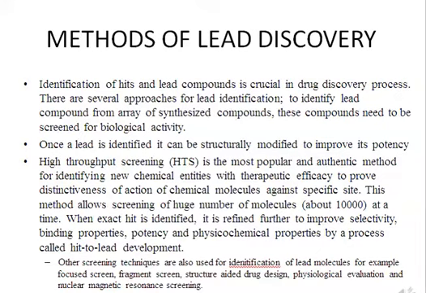And among those hit compounds, you improve the structure, you change the structure of these hit compounds until you get a compound with maximum positive activity, or with maximum activity with least side effects. Then this compound will be called the lead compound, right?